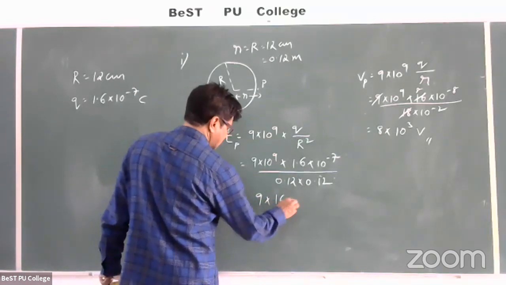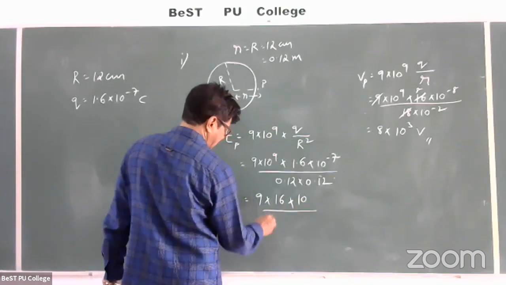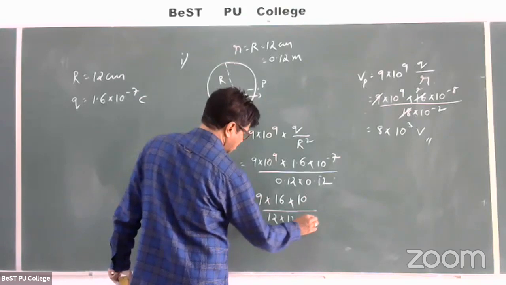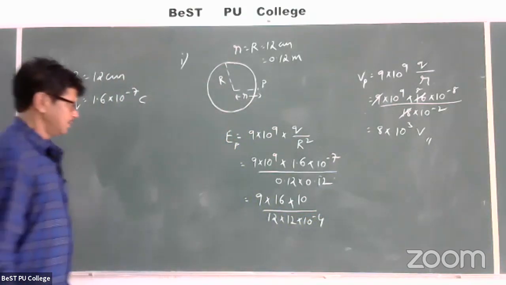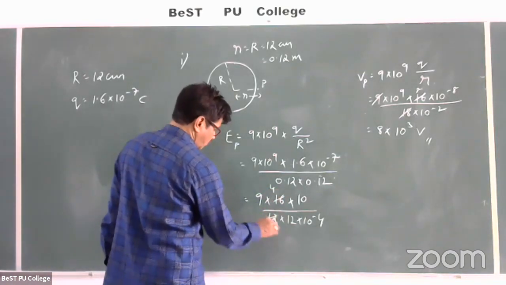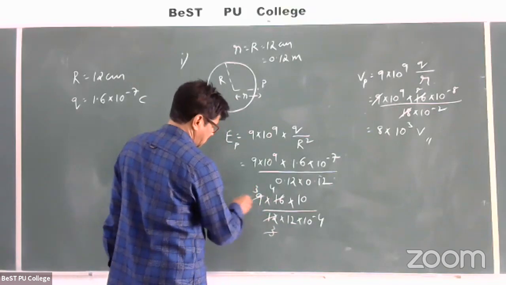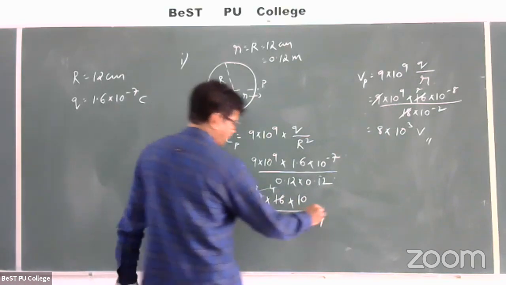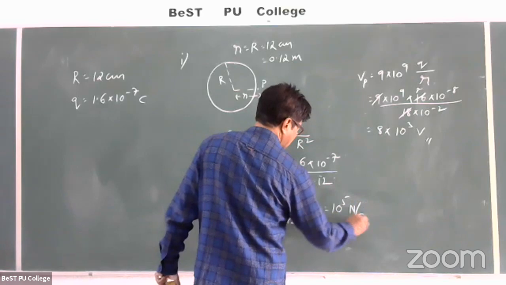That is 9 into 16 into 10 by 12 into 12 into 10 to the power of minus 4. Now 4 fours, 4 threes, 3 ones, 3 threes, 12, 12. So finally 10 to the power of 5 Newton per coulomb.